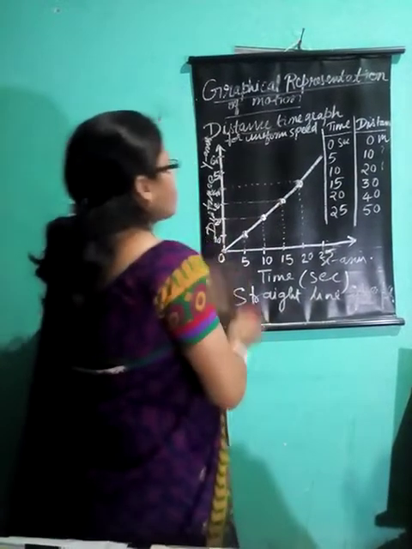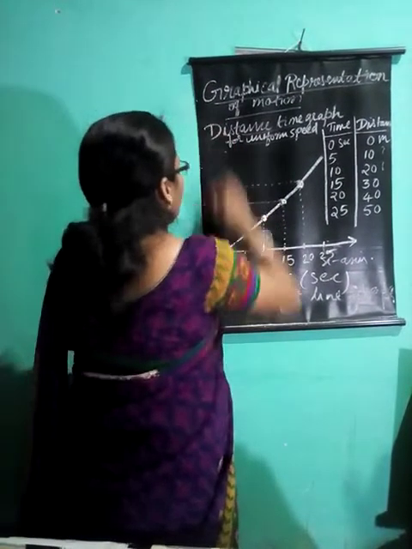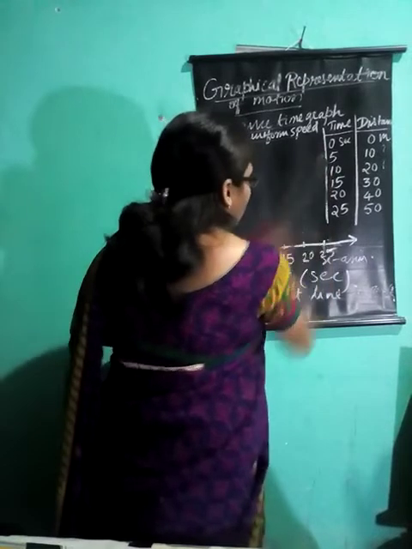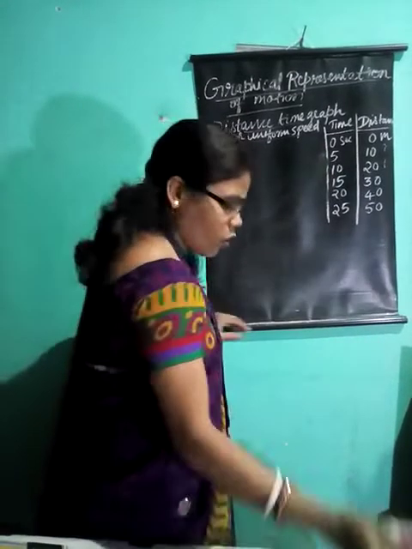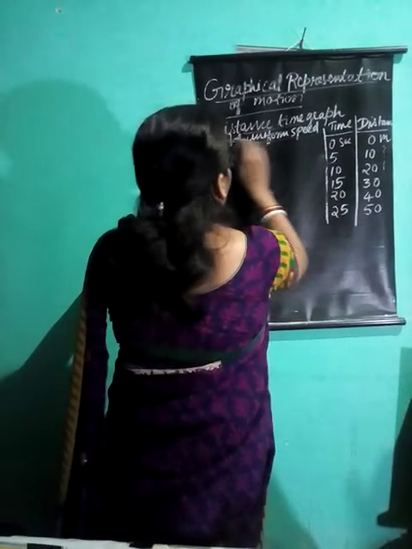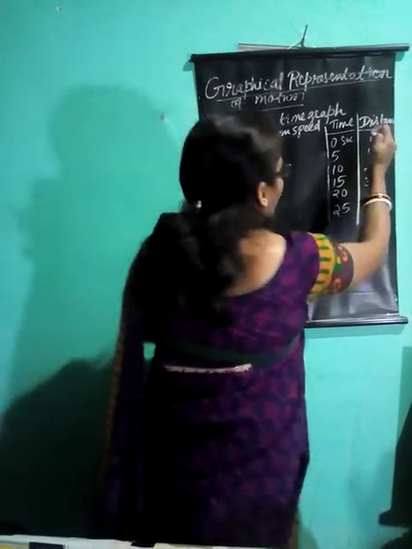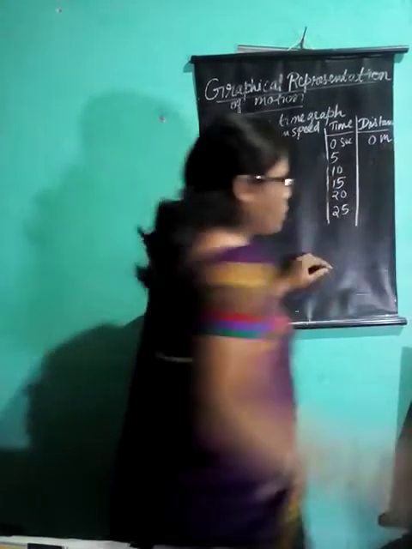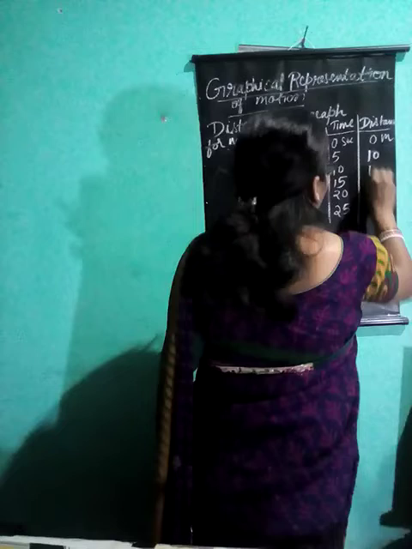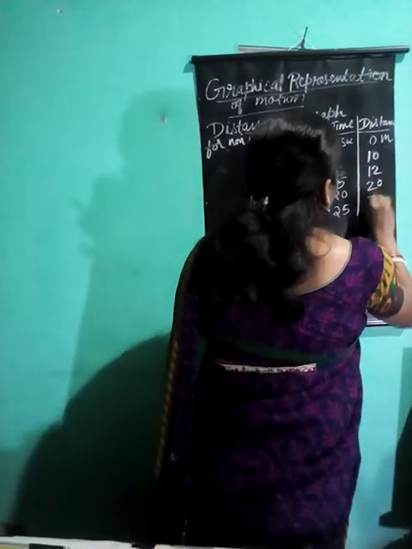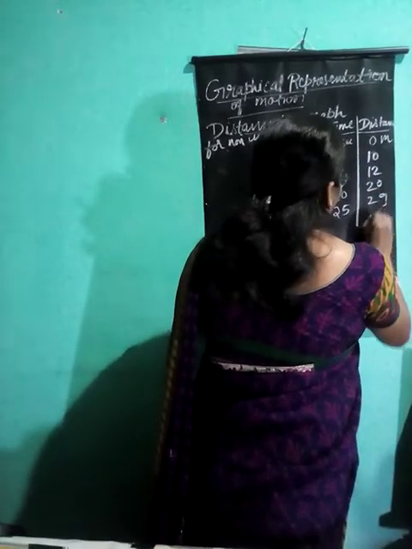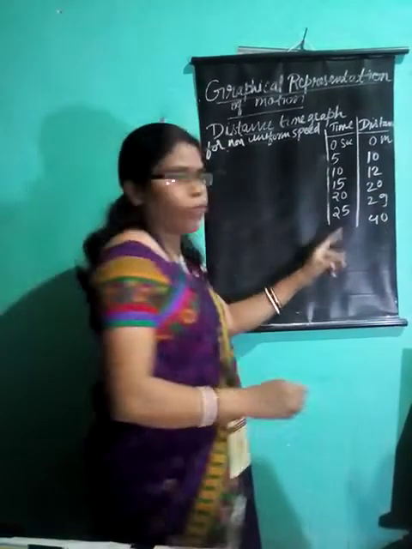Now, this is your first graph. We will be seeing many graphs today. Now this is for non-uniform speed. For non-uniform speed, we can change this data. When we change this data, it becomes 10, 12, 20, 20, 29, 40. So this is non-uniform, you can see.